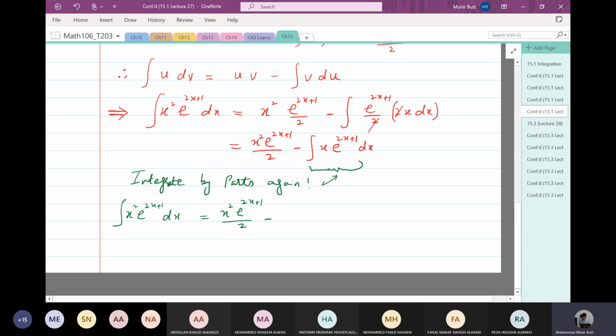Now you are an expert of integration by parts, so you can apply directly: first function x is u, and v is the integration of this. Since you know the integration of this, minus again the integration of this and differentiation of the first. Agree?